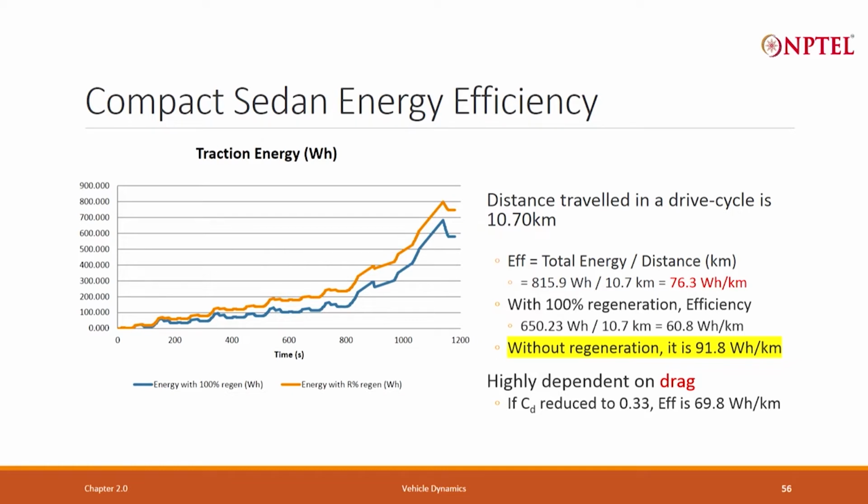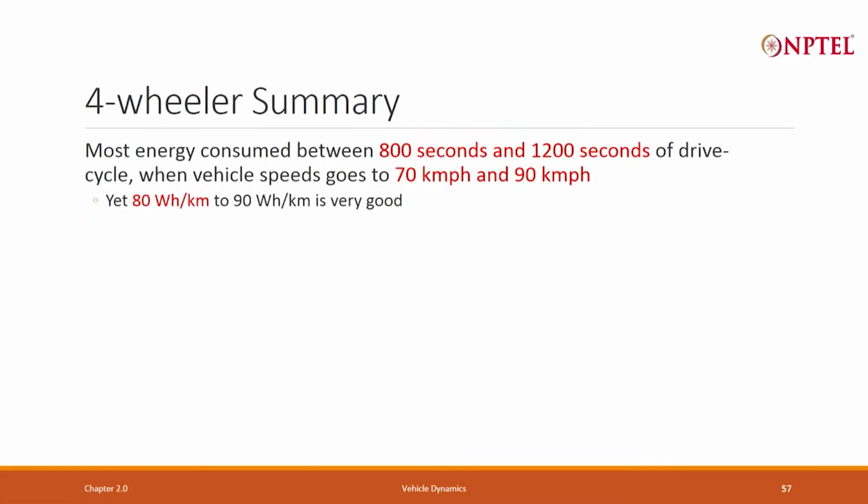Because we are going up to 90 km/h. Drag plays a very important role. If CD is reduced, efficiency goes down from 76.3, or probably I do not remember now whether it was done with 0 regeneration or 50% regeneration. I will double check that, but you can significantly reduce that. I will show you this number later on again.